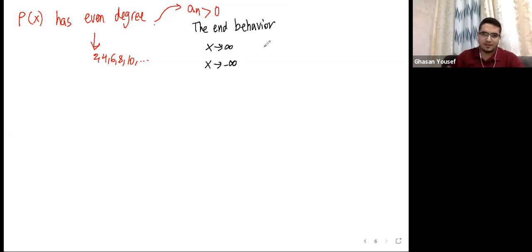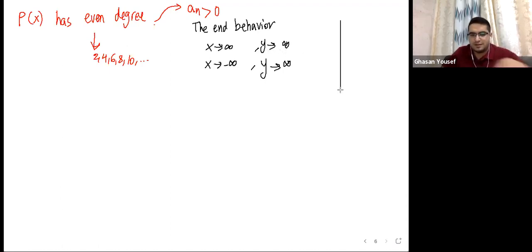So when x goes to infinity, y goes to infinity. When x goes to minus infinity, y goes to infinity again. So the graph of this function will be something like this.